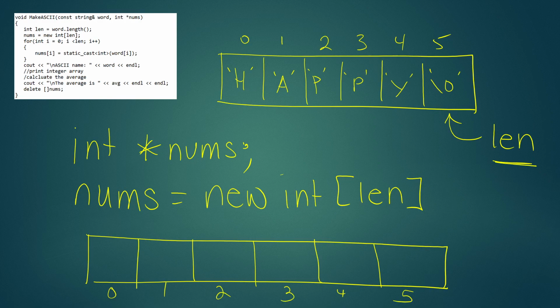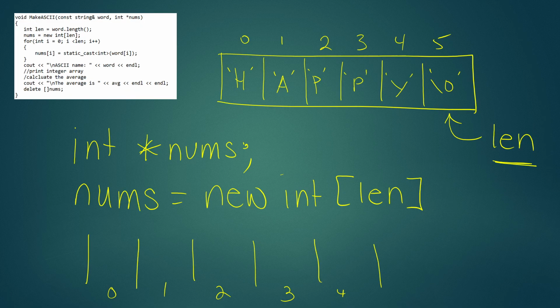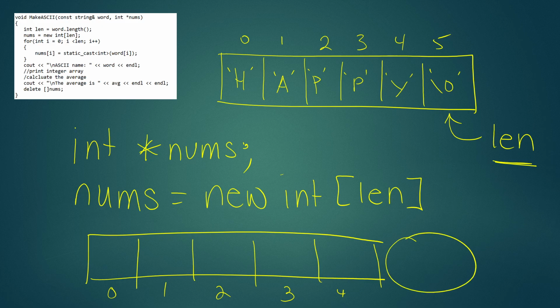So I've created an integer array that is going to be size 5. It's not size 6 because this is going to be the first empty spot. So this integer array is actually going to be size 5, because when you put this in here, this number is a 5.